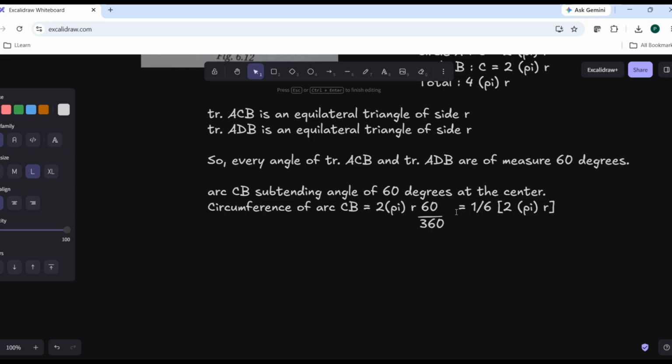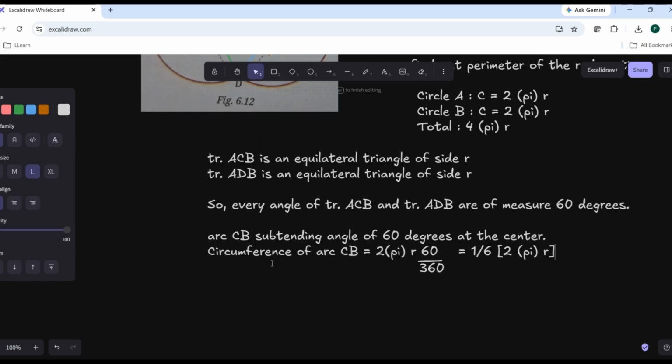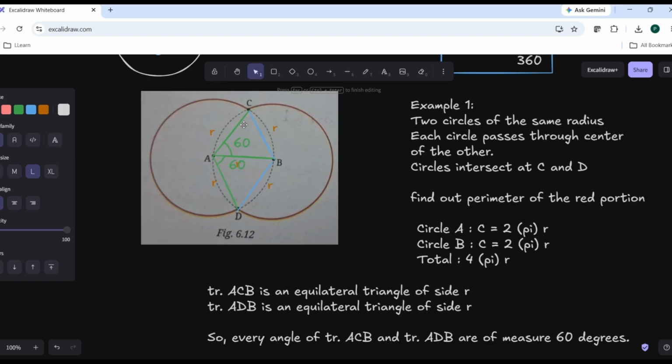Now similarly, just like we found for arc CB, we can find it for arc BD. Or maybe we can do it together. See this entire arc, now rather than individually, we can see the entire arc CBD, right? Because we know CAB is 60 degrees, BAD is 60 degrees, so together it is making 120 degrees.